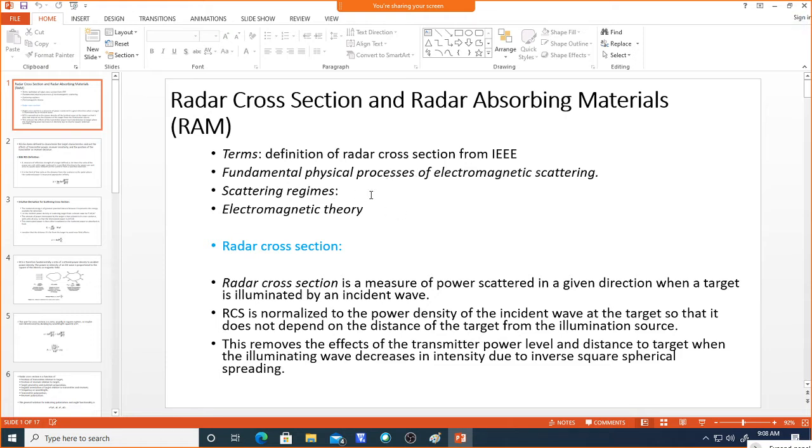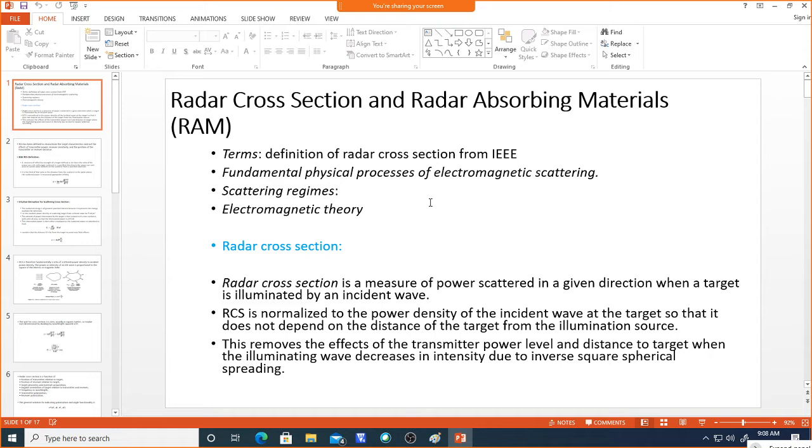And also the scattering regimes: in which type of environment the scattering is happening, and the different frequency regions, that is the low frequency region which we have discussed, the Rayleigh region, the Mie resonance region, and the optical region.